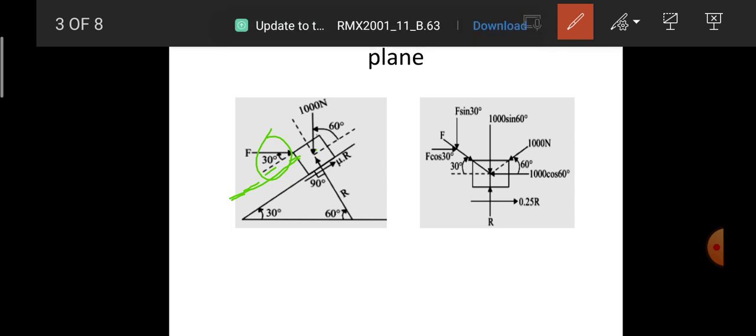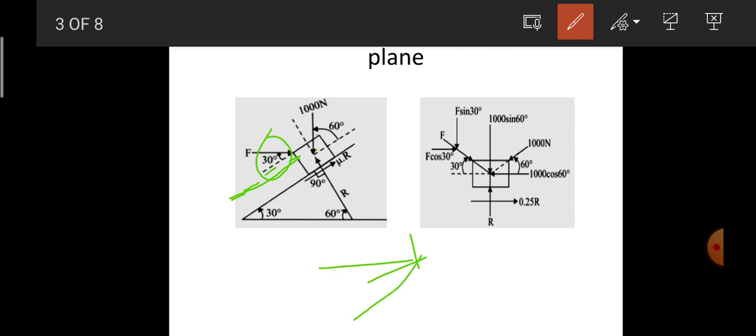Now the next step is that we are supposed to resolve the components of the forces. Here F is acting at an angle of 30 degrees with reference to the horizontal. If the resultant is going in the inward direction, both the components, F sine that is the vertical component and the horizontal component, should meet at the same point.